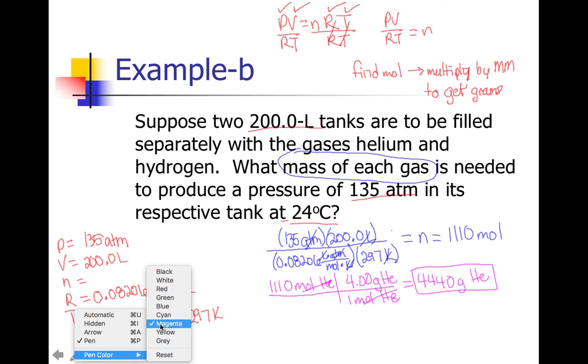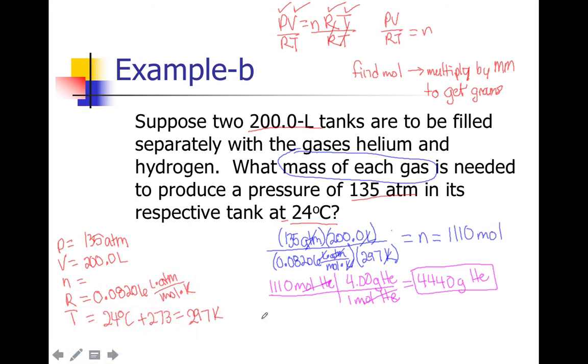And then for hydrogen, we're going to again take the 1,110 moles, and we're going to multiply it by the molar mass for hydrogen. Now remember that hydrogen is a diatomic molecule, so it's H2, which means we need to take 2 times the average atomic mass for hydrogen, and we're going to get 2.016 grams of hydrogen per mole.